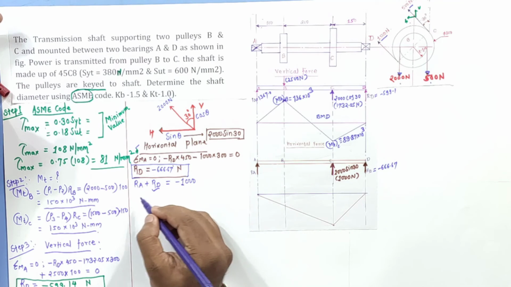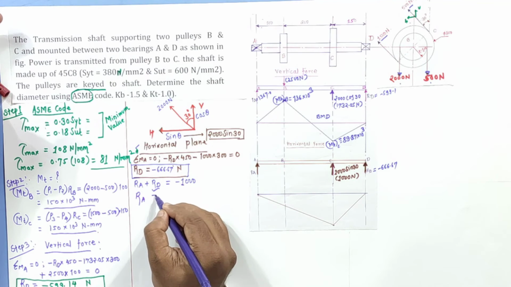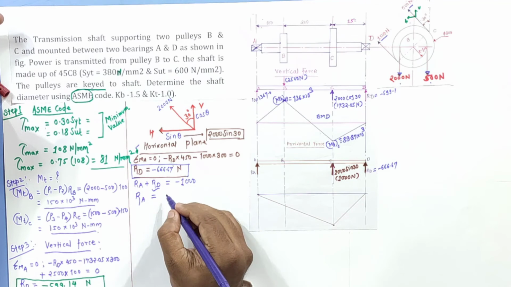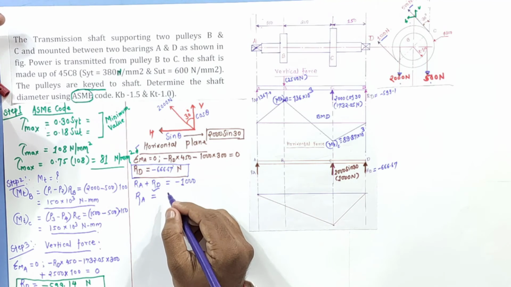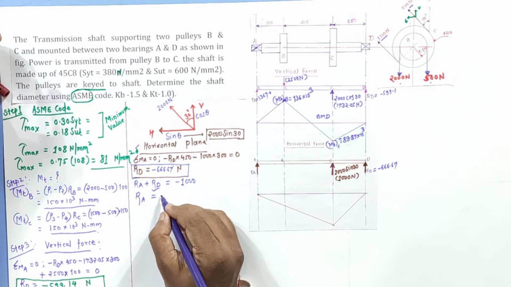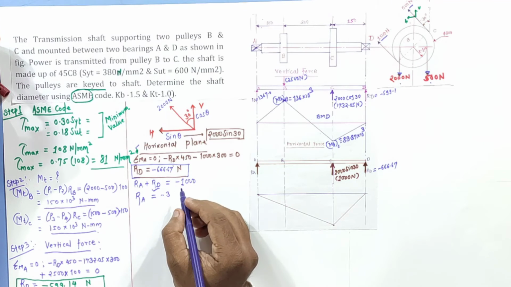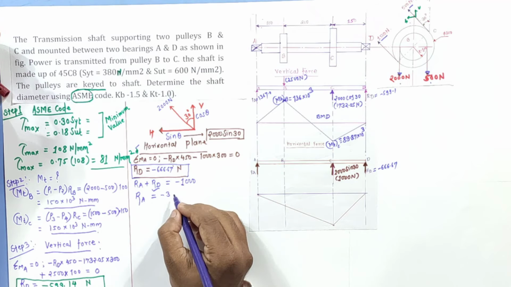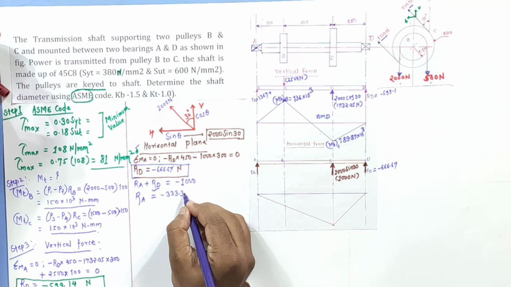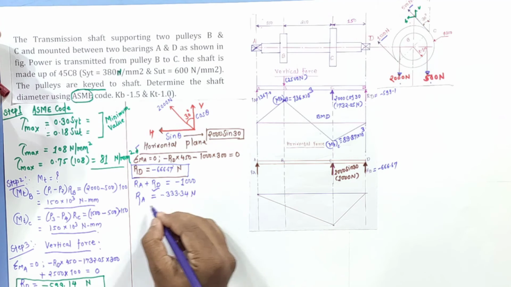Therefore RD is known, through which RA is equal to 1000 minus 666, that is minus 333.34 Newton.